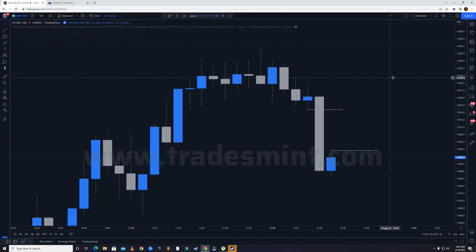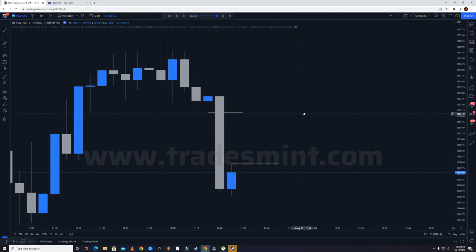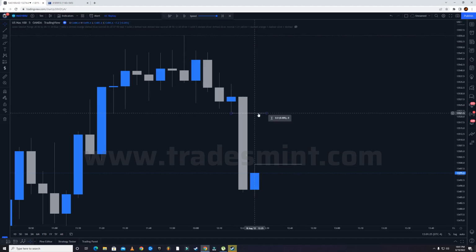As we discussed, when we're looking for a short position, we look for the low of the first candle, which is this. As you can see, there is a wick, so this is the low of the first candle, and then we look at the high of the third candle, and there you can see there's a gap around this level. What we should be expecting is that price is going to fill this level, this imbalance, and go down.